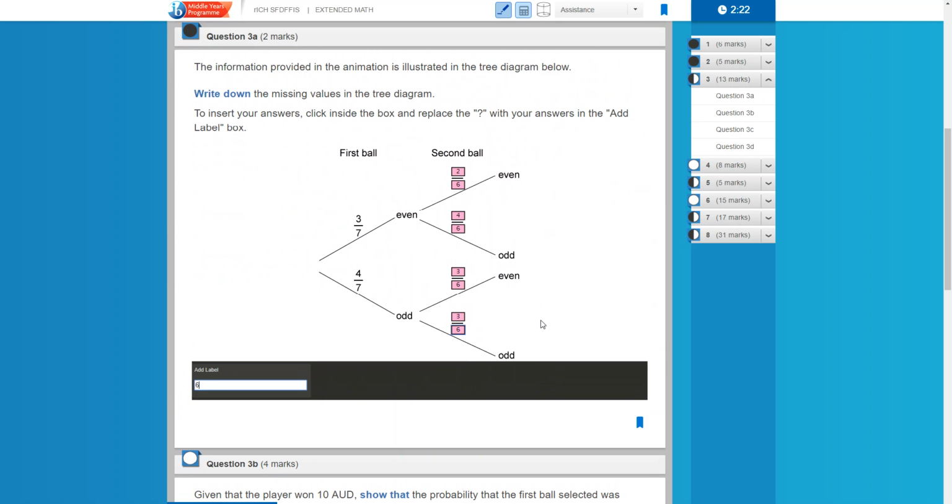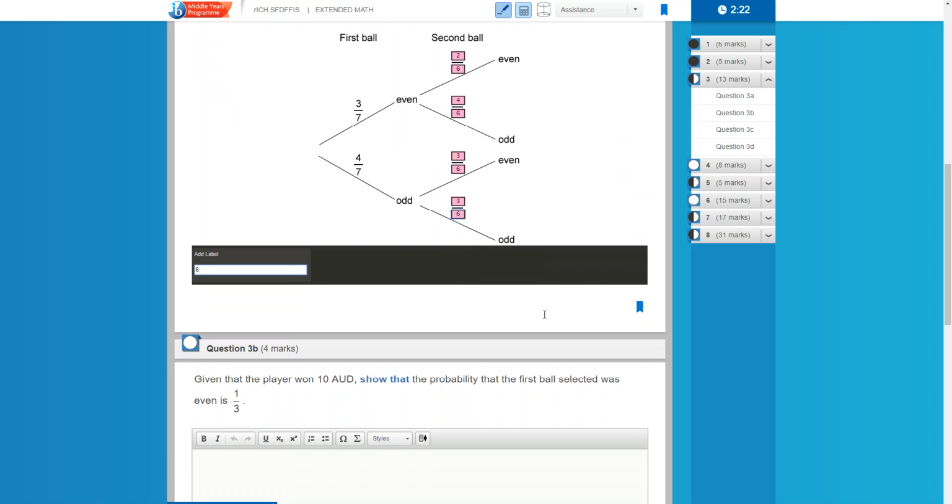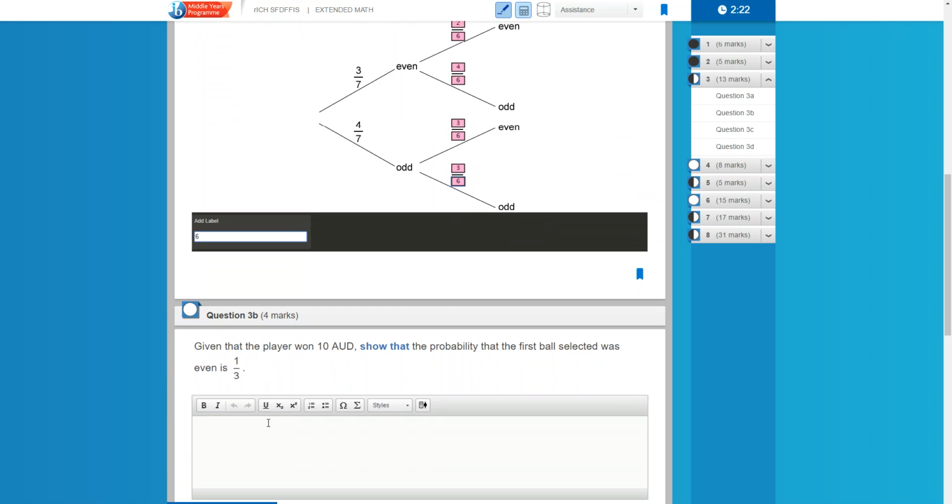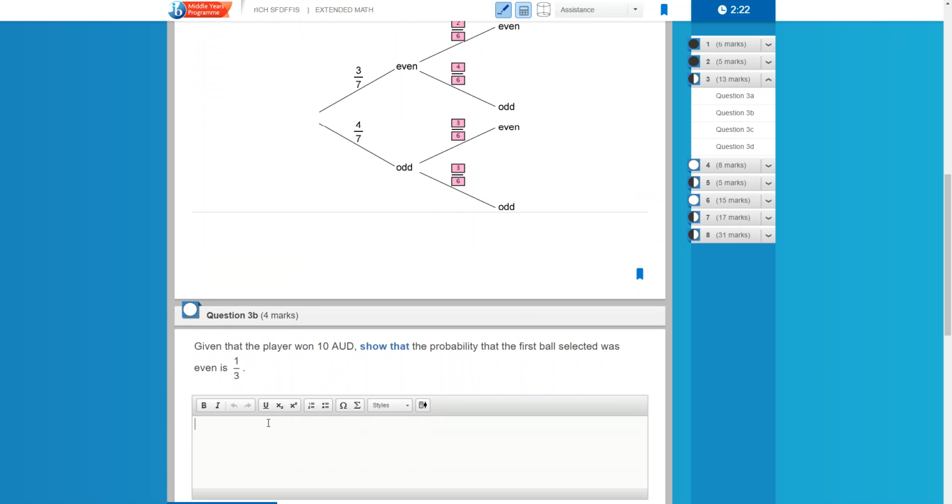So that means what? It's the probability of the first ball he chose was even, plus the probability that the second ball he chose was even, over the probability of the second ball being chosen as even. Okay. Is that how it works? Yeah, so we use a given.